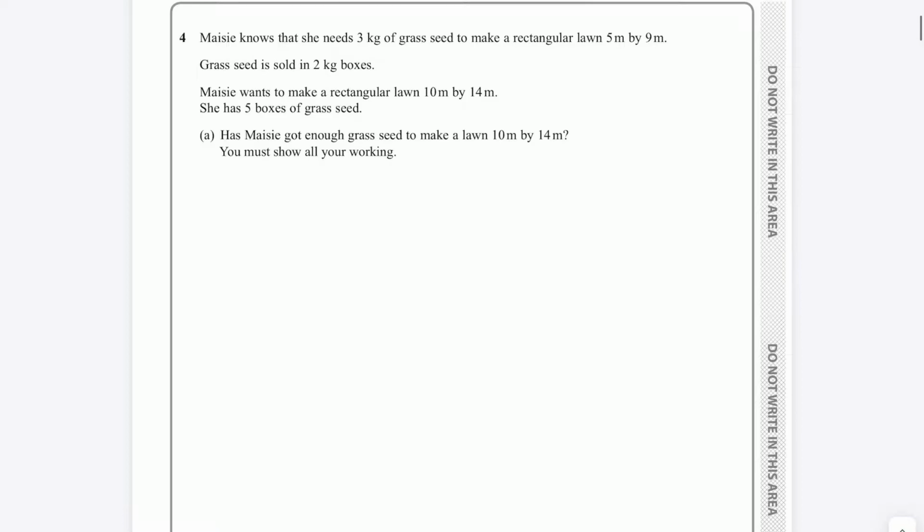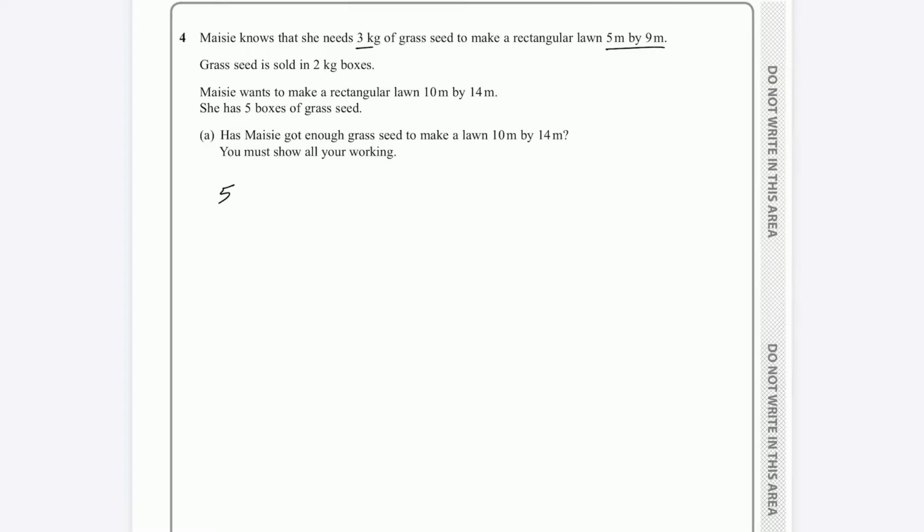Question 4. So she needs 3 kg of grass seeds to make a rectangle lawn, 9 by 5. Grass seeds are sold in 2 kg boxes. She wants to make a rectangle of 10 by 14 meters. She has 5 boxes of seeds. Has she got enough seeds to make the 10 by 14? So firstly, they've told us 3 kg is required for a 5 by 9.